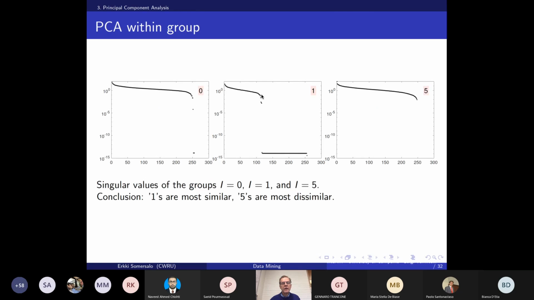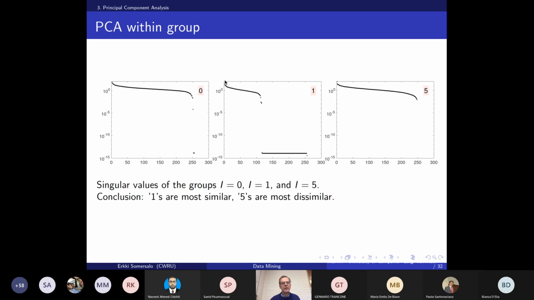These are the singular values of all data vectors which represent the handwritten 1. You see that the singular values start somewhere above 1, so 10 to the power 0 is 1, and then they are decreasing. The singular values are always in decreasing order, and then at some point there's a total collapse. After a certain threshold, the singular values are all 0. So what does that tell us?